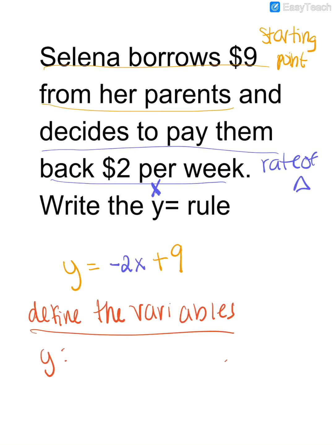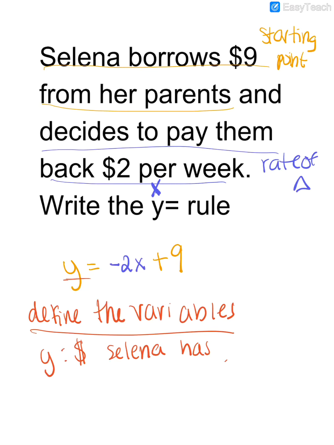So the y is the total amount of money that Selena has. Because you start with 9 and you're subtracting 2 every week, so therefore the y is going to be how much you have at that point, right?